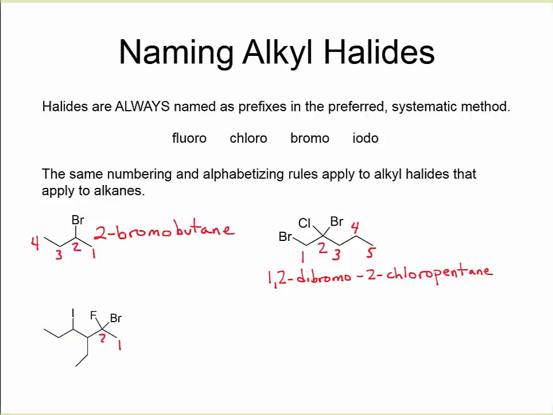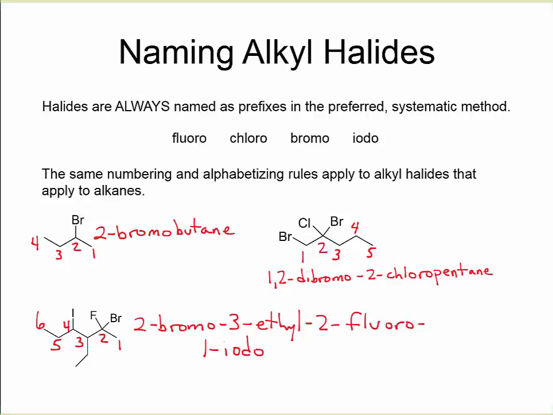When numbering the chain, I see that parts of my name are going to be 2-bromo, 2-fluoro, 3-ethyl, 4-iodo, and hexane. And I put all that in alphabetical order. 2-bromo, 3-ethyl, 2-fluoro, 4-iodo, hexane.